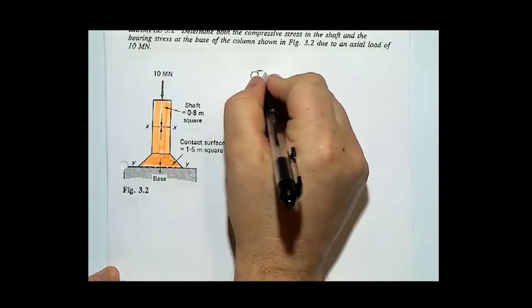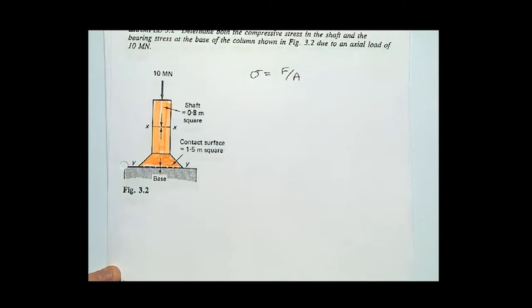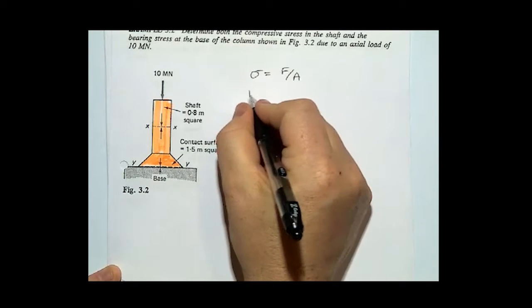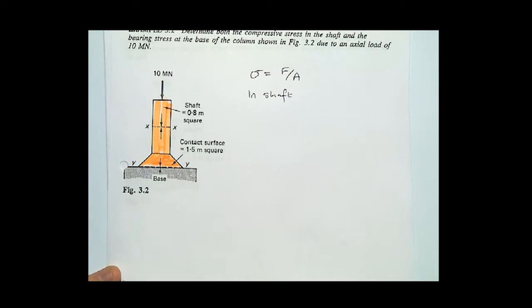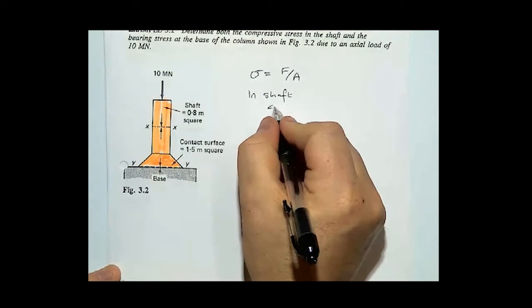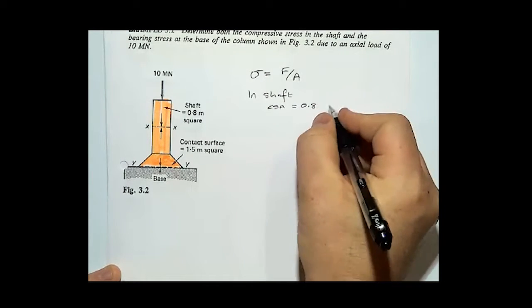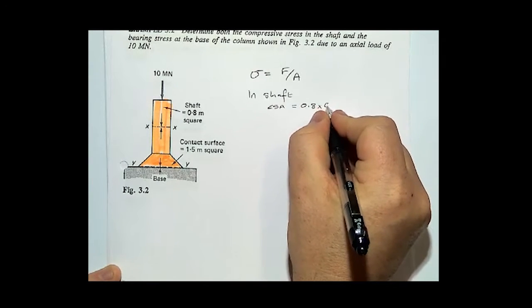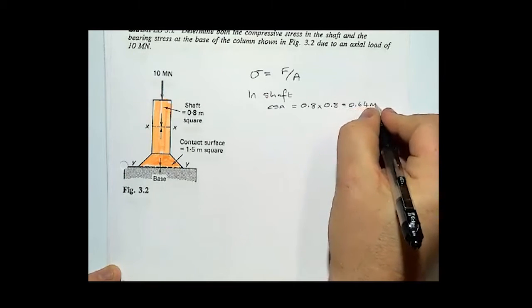So if we've got our formula as stress is force over area, and we look at the shaft first, the cross-sectional area is 0.8 times 0.8, so that'll give us 0.64 meters squared.